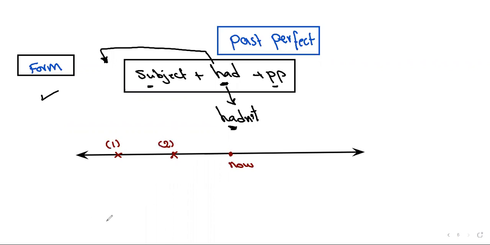The past perfect is used to express the idea that something happened before another action in the past. So this is the most important usage of past perfect.